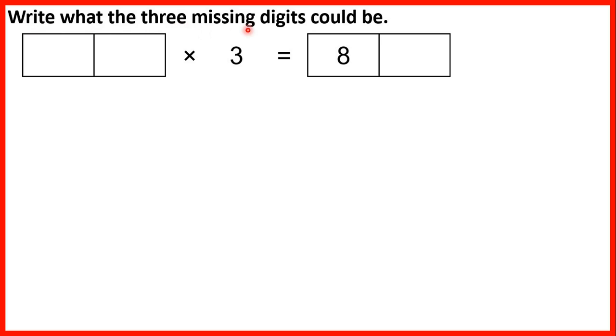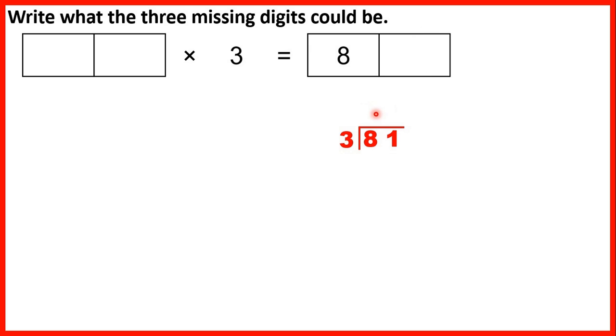Write what the 3 missing digits could be. So we have a 2-digit number times 3 equals a number with 8 tens, and we don't know how many ones. Now when we have a missing number multiplication, we can divide to find our missing number. We don't know what our answer is, but let's try 81 to see if this digit here could be a 1.